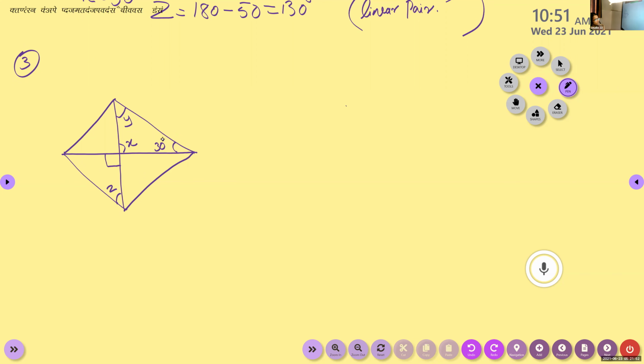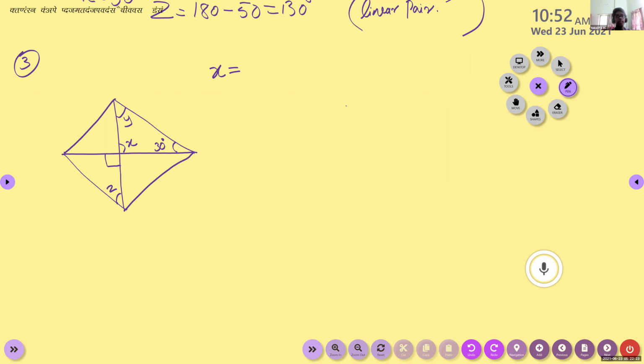Nagul, look at the board. We need to find x, y, and z. What is the value of x? X will be equal to 90 degrees. Very good.